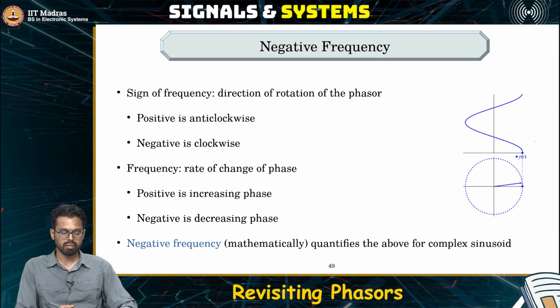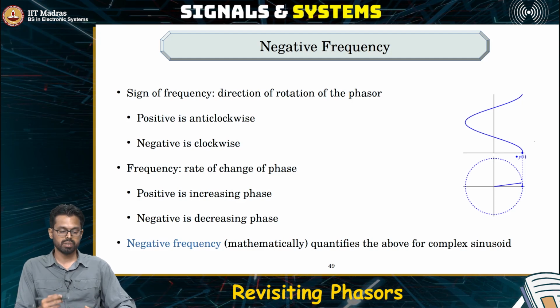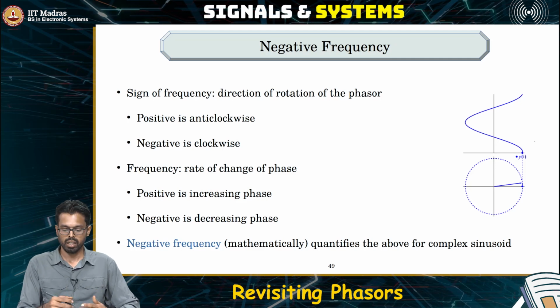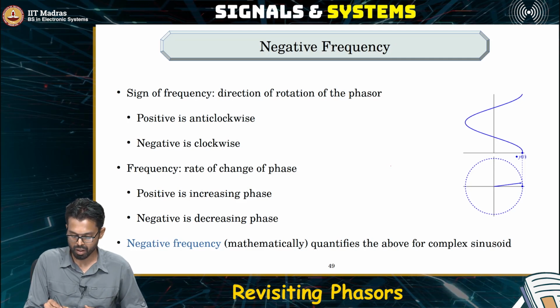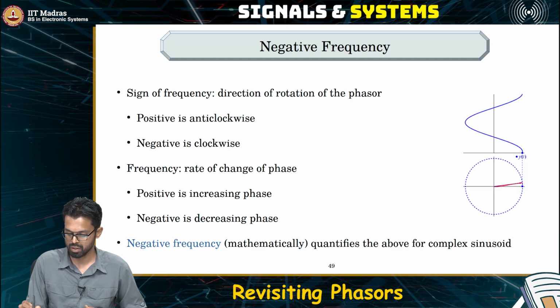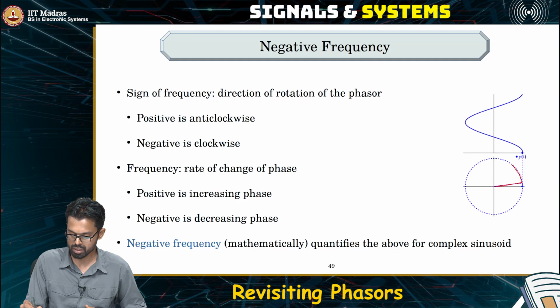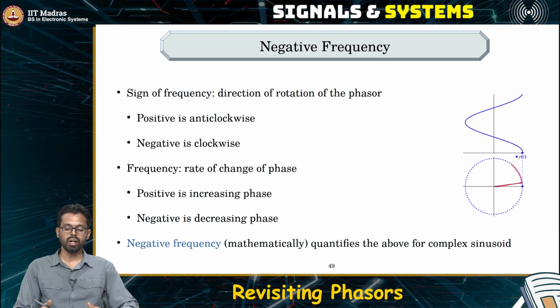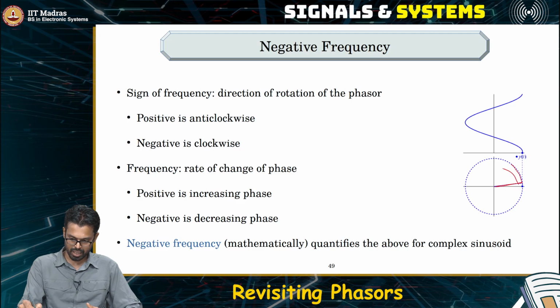So remember earlier we said frequency is nothing but the rate of change of phase. If the phase is starting at 0 and then it slowly increases to, let's say, 10, 20, pi by 2 and so on, it means the phase is increasing.